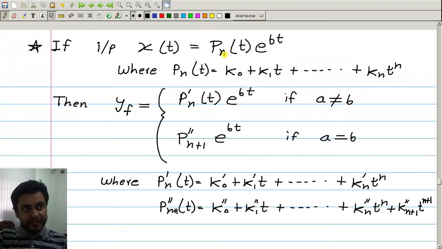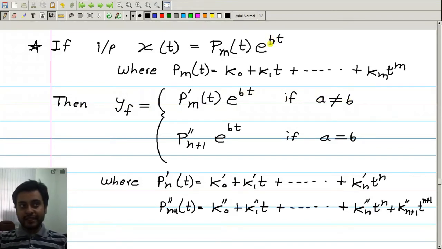Let it be Pm, here also m. So this is the input, and then forced response will be a polynomial of degree m multiplied by e to the power bt, provided b and a are not equal.